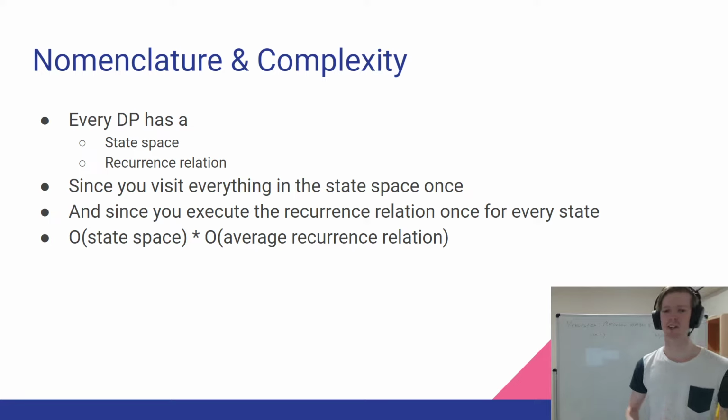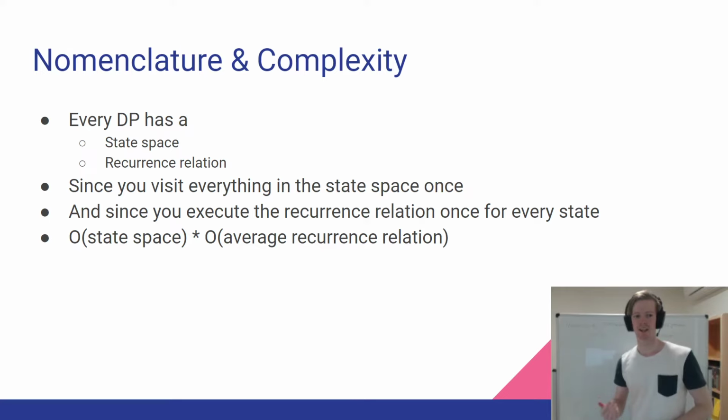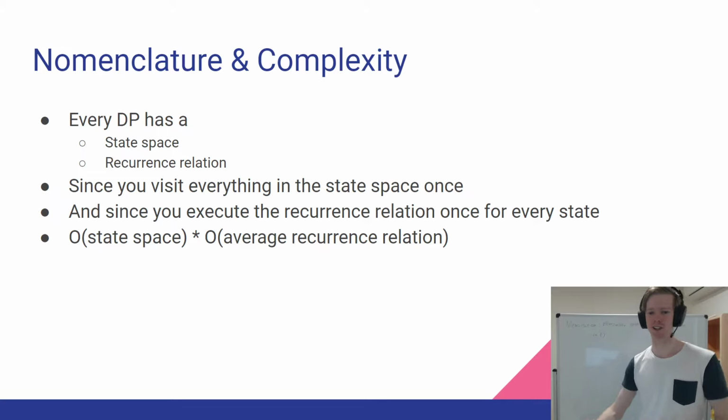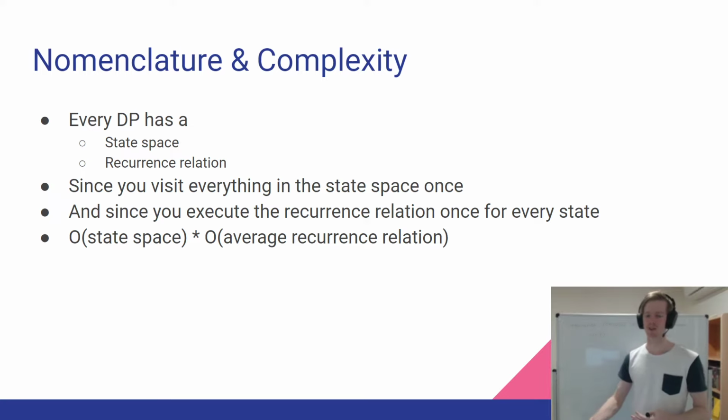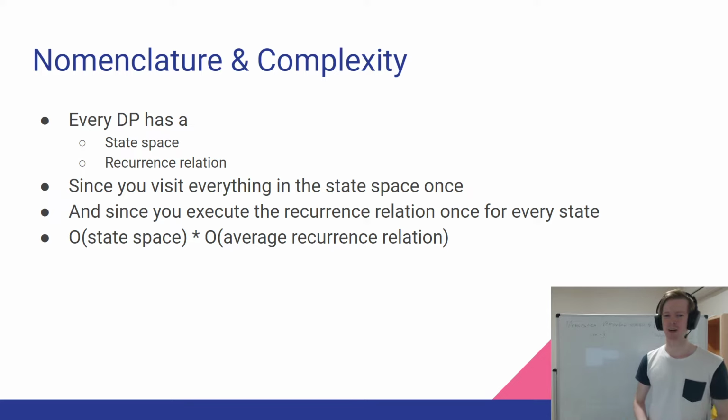So DP basically, its time complexity will always be the amount of things you need to store, because that's the amount of values you need to compute, times the average time of how long those values take to compute. So for instance, with the longest path, the number of things that we were storing was the number of nodes, and the average time was the number of edges over the number of nodes.